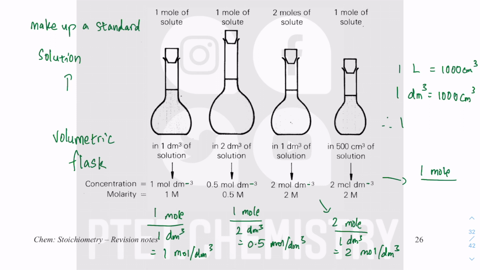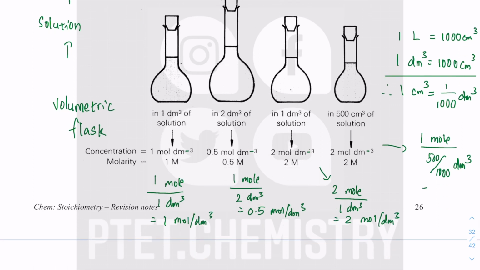So 1 cm cube is 1 over 1000 dm cube, because it is a smaller quantity. So 1 mole divided by 500 over 1000 dm cube, that is 1 over 0.5, which gives me 2 mole per dm cube. Alright, so I think we'll leave it there for this particular lecture tutorial.